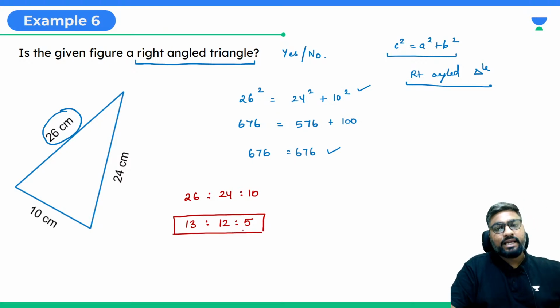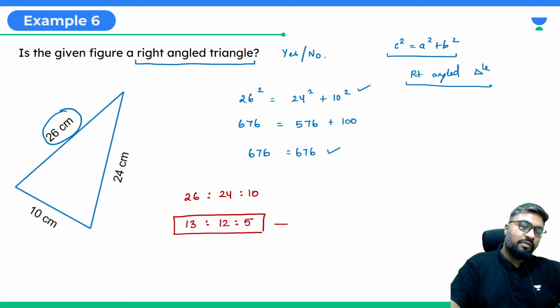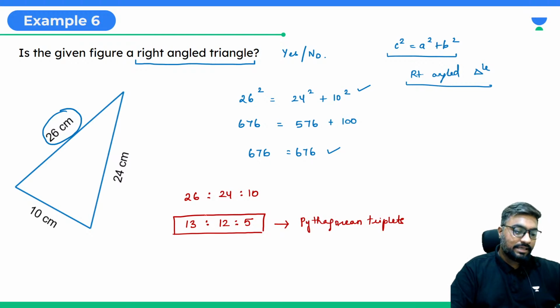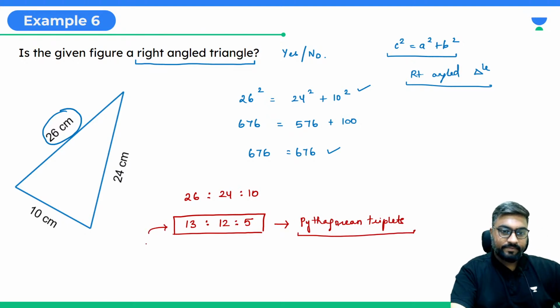If any triangle is in the ratio 13 is to 12 is to 5, it will automatically be a right angle triangle, because these three numbers are called Pythagorean triplets. Yes, these three numbers 13, 12 and 5 are called Pythagorean triplets. मतलब कोई भी triangle of this ratio will always be a right triangle.